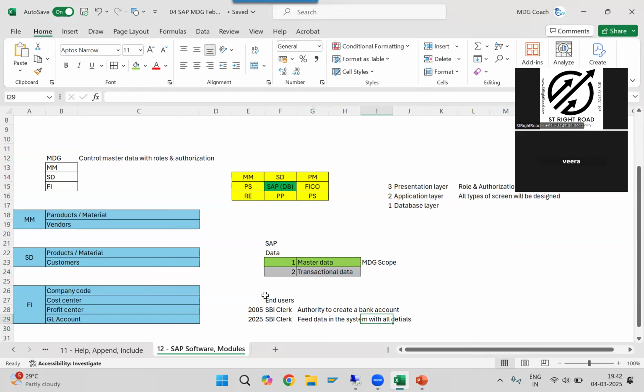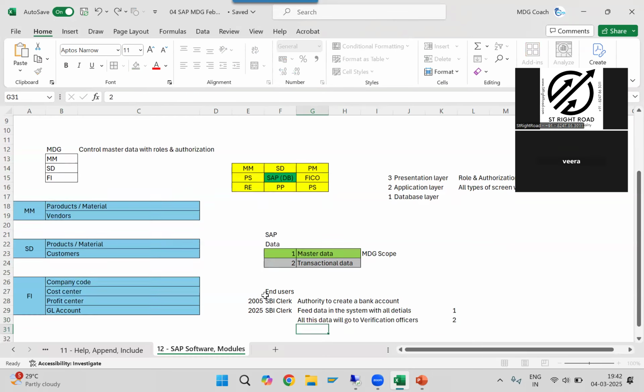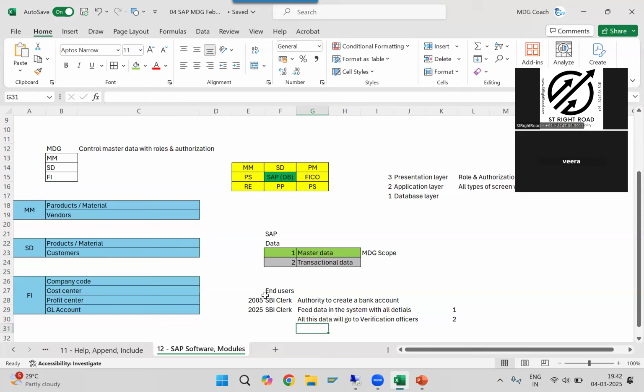This is the first step. The second step is that all this data will go to whom? Verification officers. They will review the data, whatever application you applied.